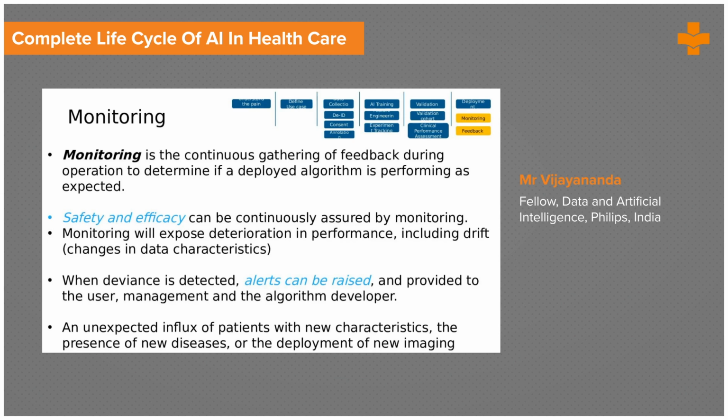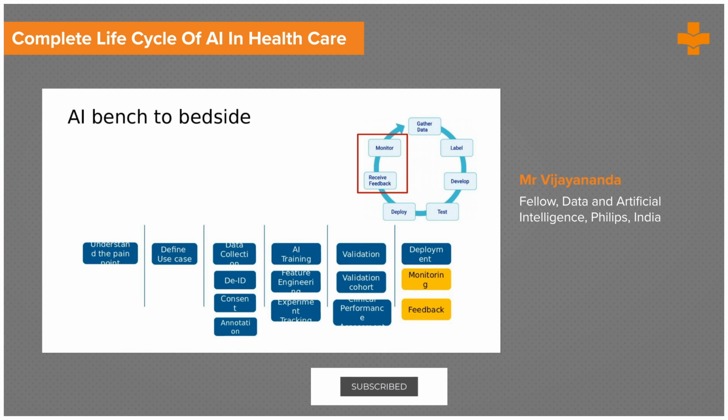Whenever there is a lot of deviation, we could raise an alert and inform the management that something is happening. It also gives us insights into the presence of new diseases or new variations, or that the data distribution itself is changing. This is also quite important from the deployment aspect.